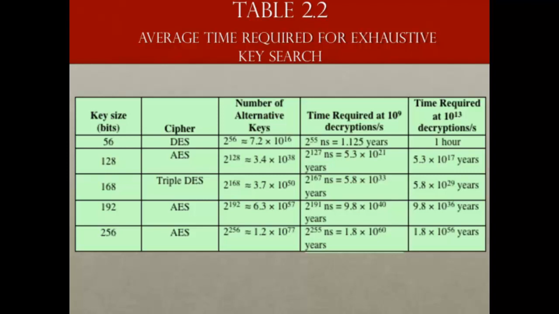Key sizes of 128 bits or greater are effectively unbreakable using simply a brute force approach. Even if we manage to speed up the attacking system by a factor of 1 trillion, it would still take over 100,000 years to break a code using a 128-bit key.